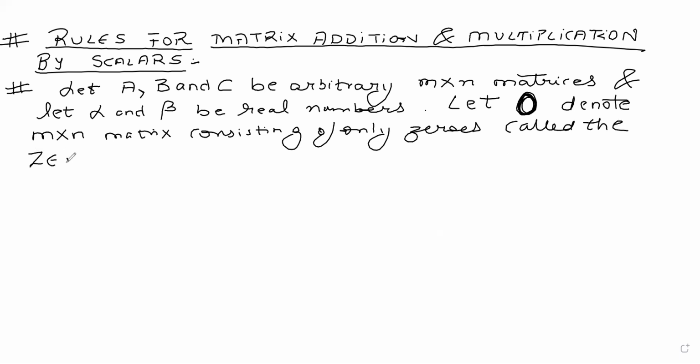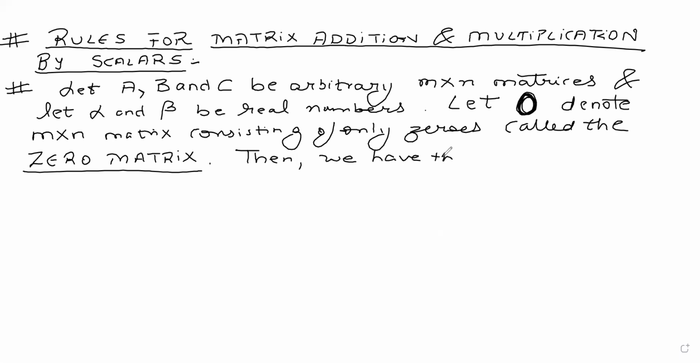All students should know what a zero matrix is. A matrix whose elements are all equal to 0 is called a zero matrix. Then we have the following rules, which you can see on your screen.